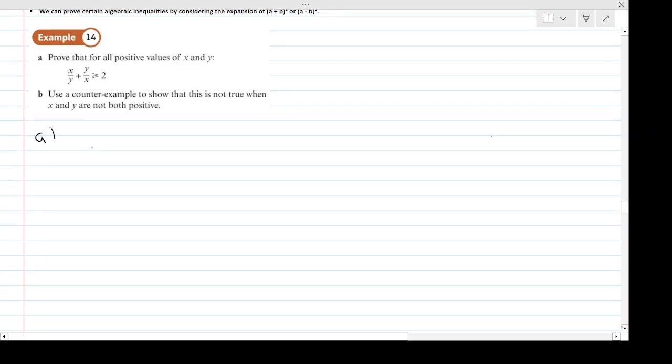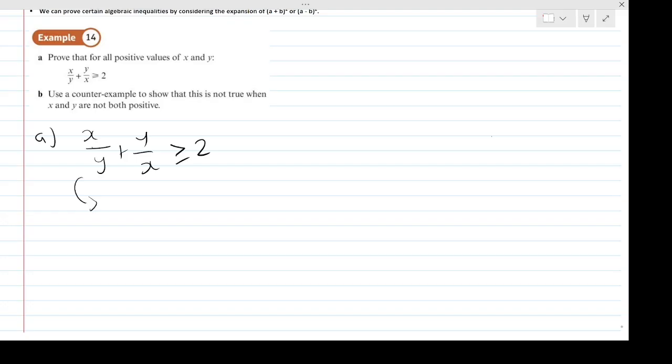Firstly, we need to prove that x over y add y over x is greater than or equal to 2. Now, where on earth do we go from here? Okay, so with this sort of question, it's a great idea to firstly just see what happens if we add the fractions.